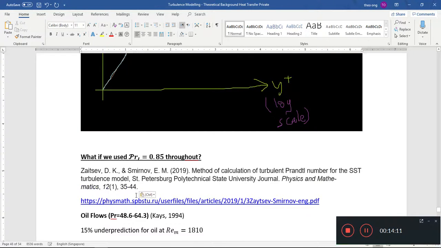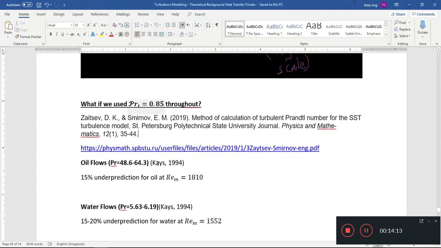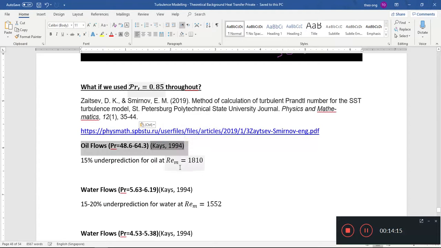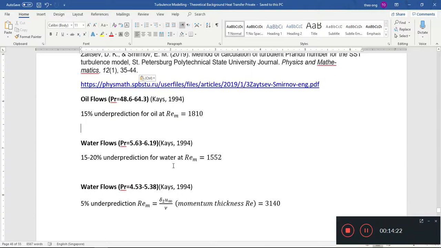So what happens if we do use it? Let's say for oil, if we use a Prandtl number equal to 0.85, we observe a 15% under prediction for oil.